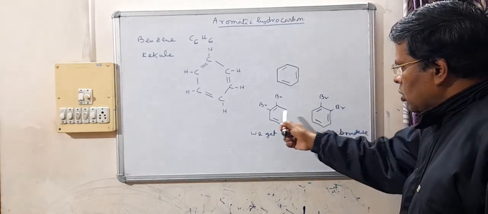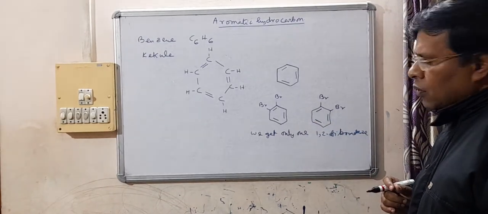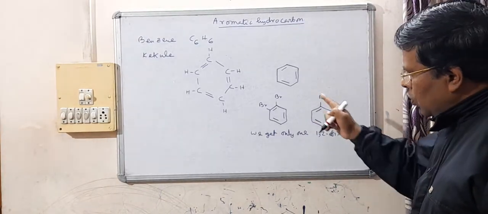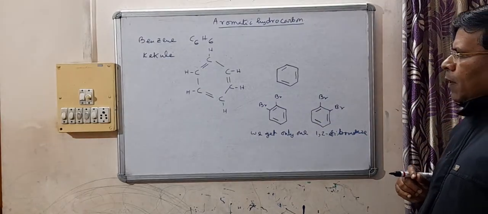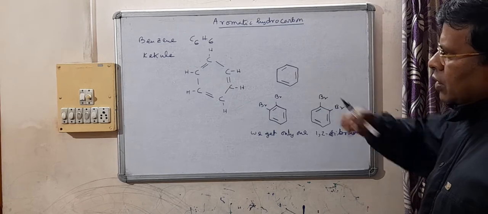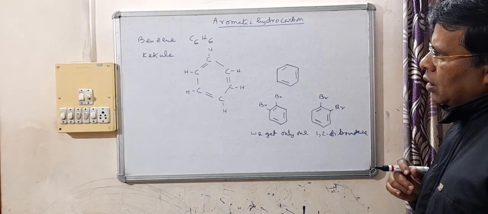These two are not possible. We don't get two types of 1,2-dibromobenzene; we get only one type. And that means this Kekulé structure has some limitation.